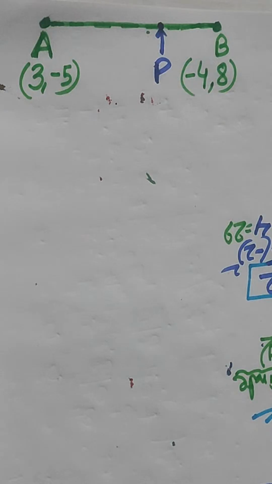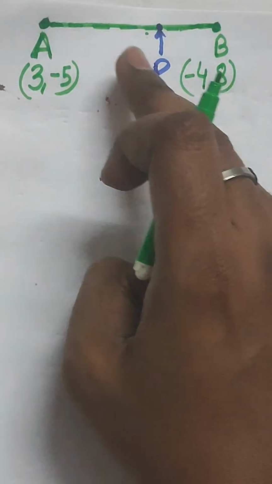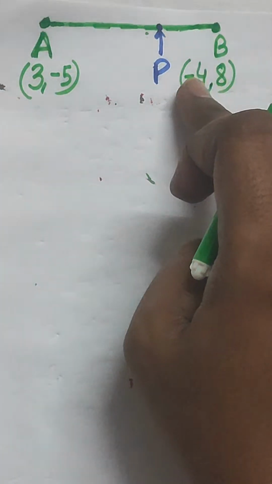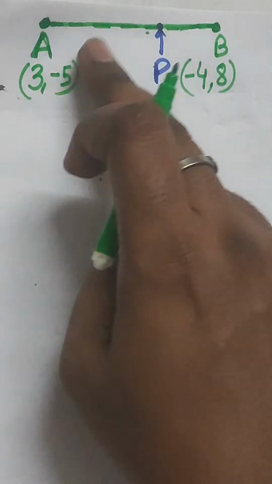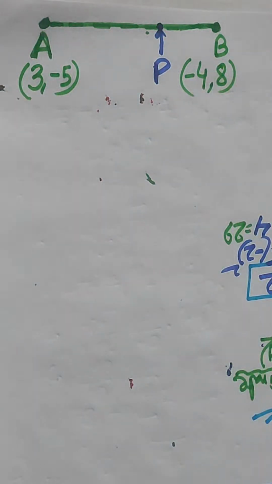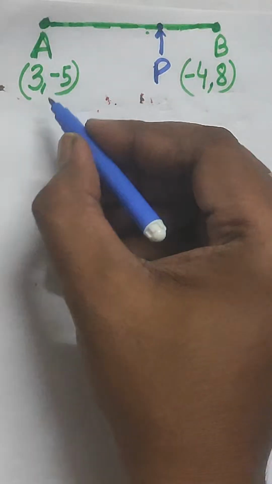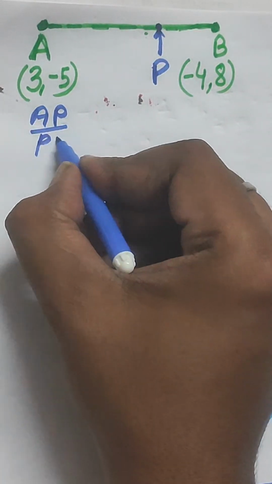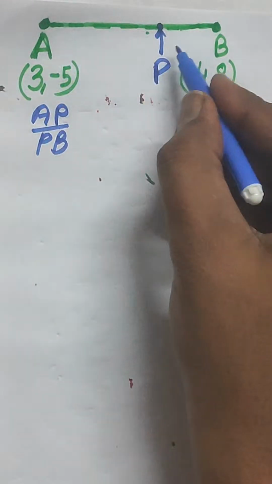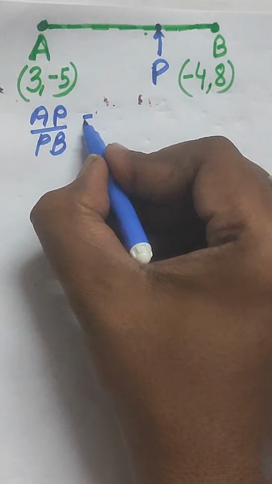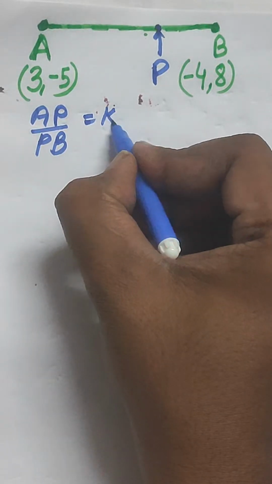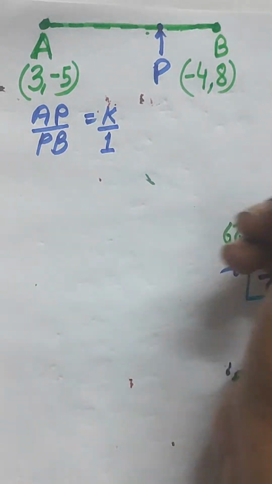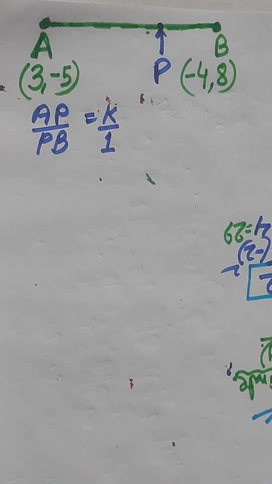Now, this P is lying on the line segment and it divides the line segment AB in such a way that the ratio of AP to PB is equal to K is to 1, right? This data is given to you in the question, right?